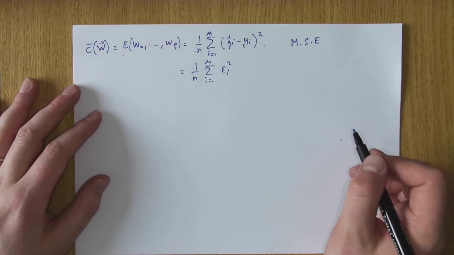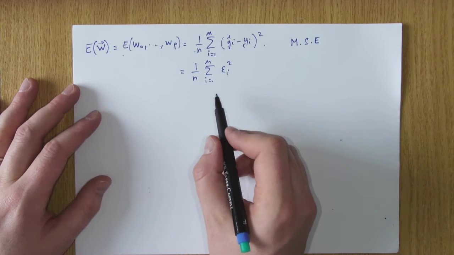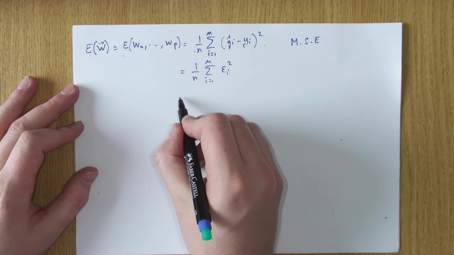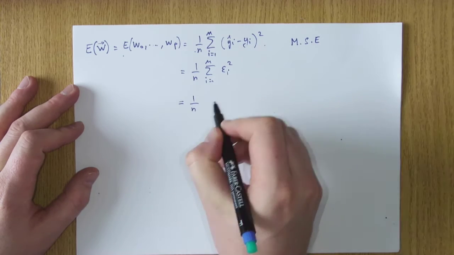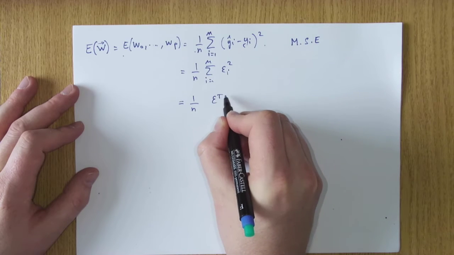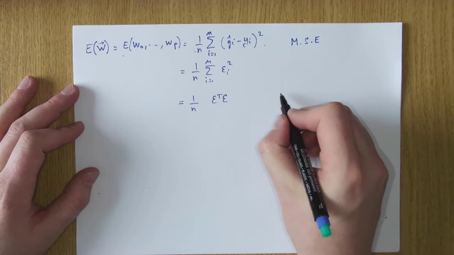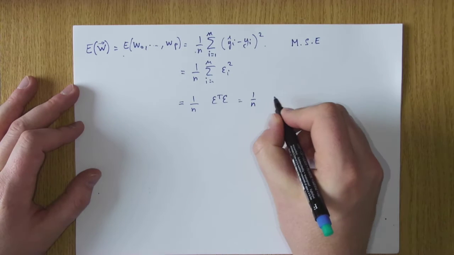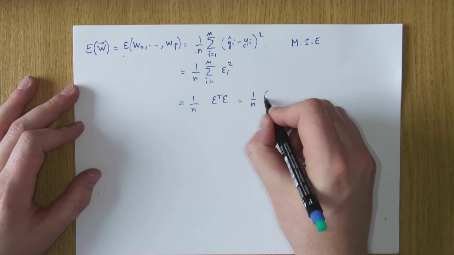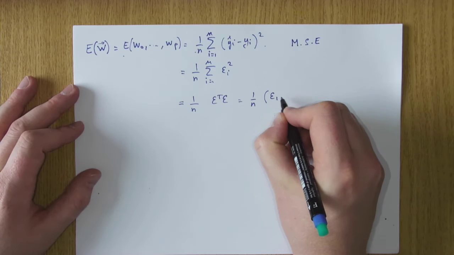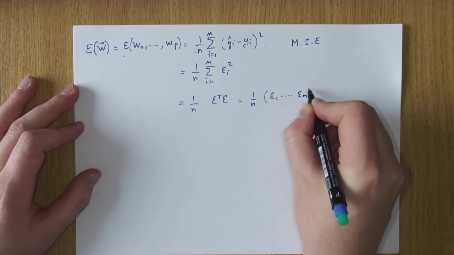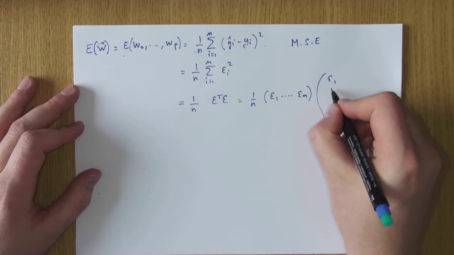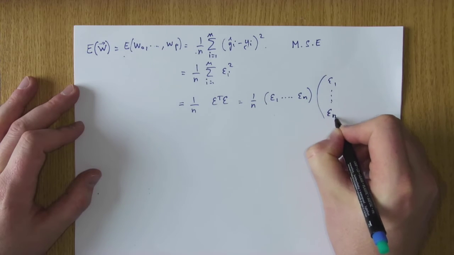Okay. Now in matrix notation, it turns out that you can write that as epsilon transpose epsilon, where epsilon is the vector we talked about. Okay. So indeed, epsilon transpose will be a vector like this, a horizontal vector, and then you have epsilon, which is a vertical vector.